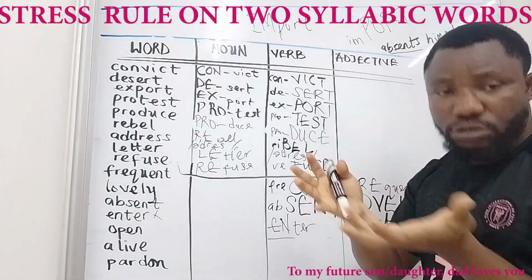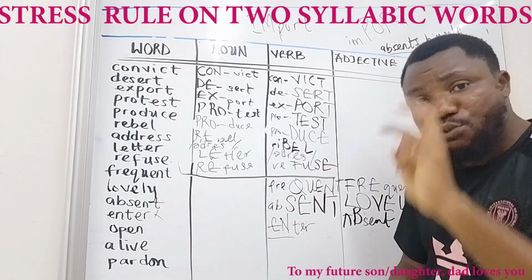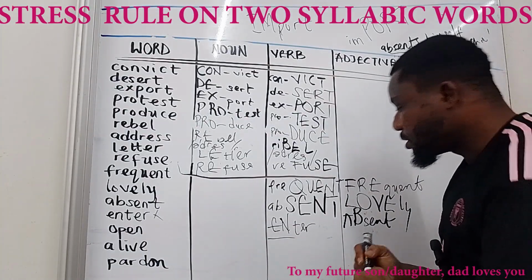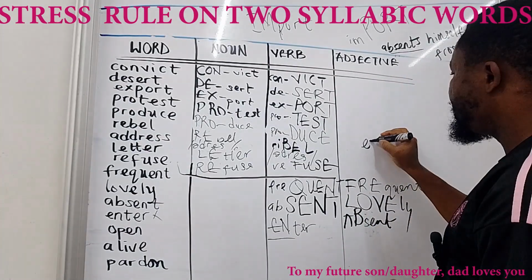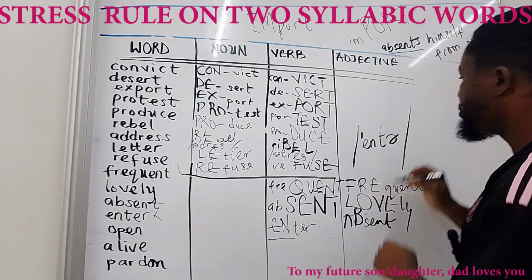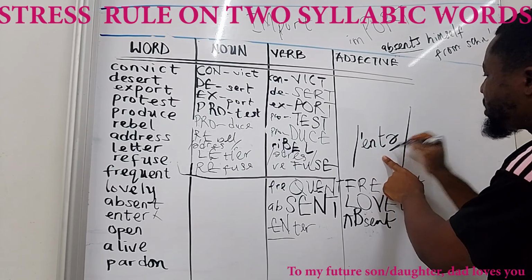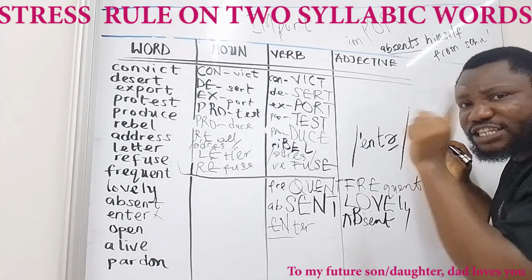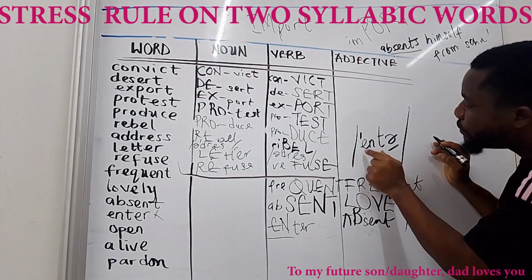Rather, the stress goes to the other syllable, especially with a two-syllabic word. This is how this word is transcribed. The stress is here because this is a short sound. Any syllable that has the short sound is not stressed. So the stress falls on the first syllable.